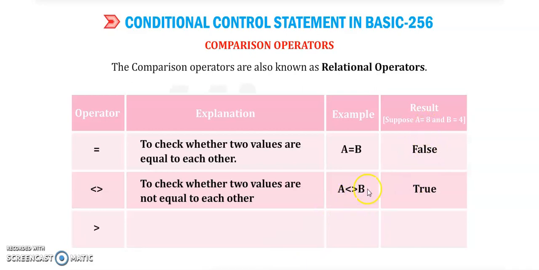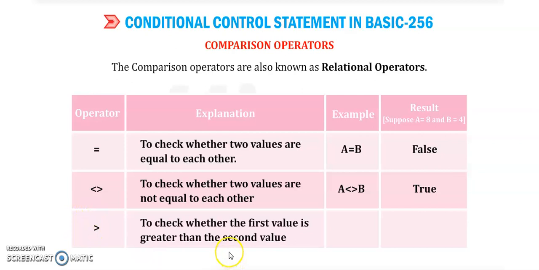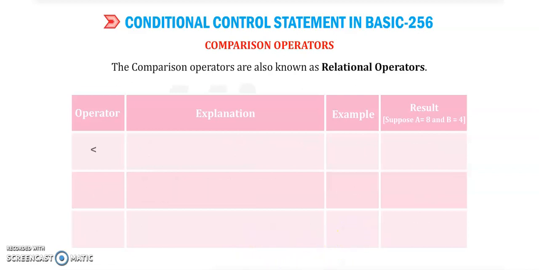This is true. Now the next operator is greater than. To check whether the first value is greater than the second value, we write A greater than B. The answer will be true because 8 is greater than 4.